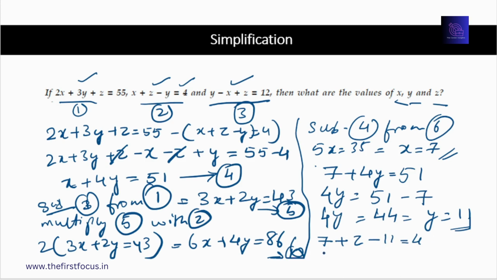So 7 minus 11 is minus 4, plus z is equal to 4. So the value of z is, when I bring 4 this side, it becomes z is equal to 4 plus 4, which is 8. So this is the way we solve this particular problem.